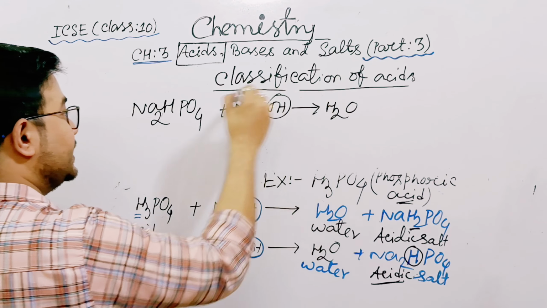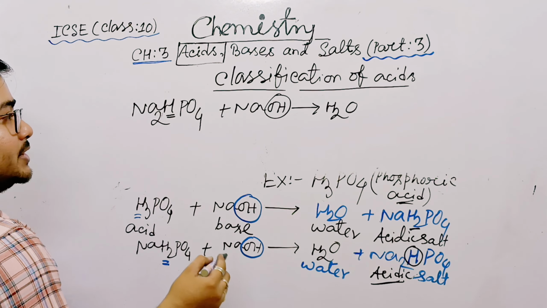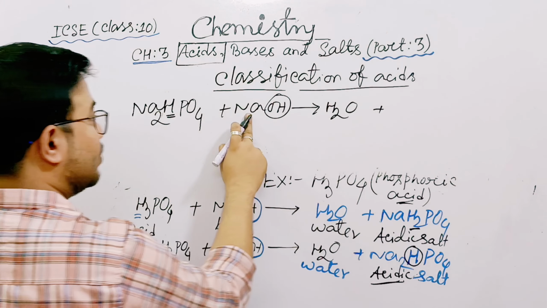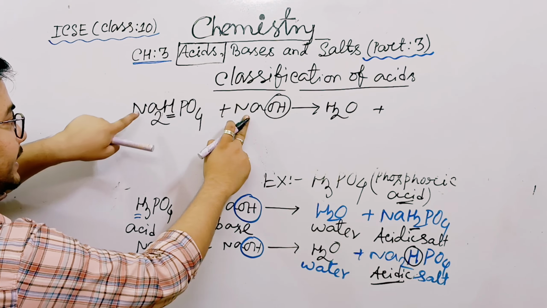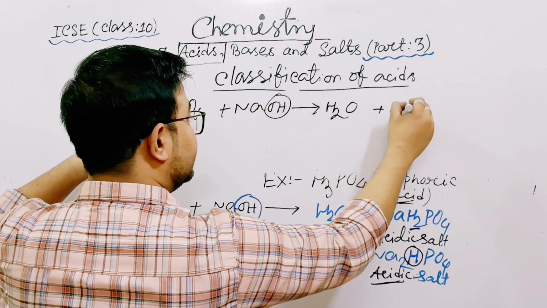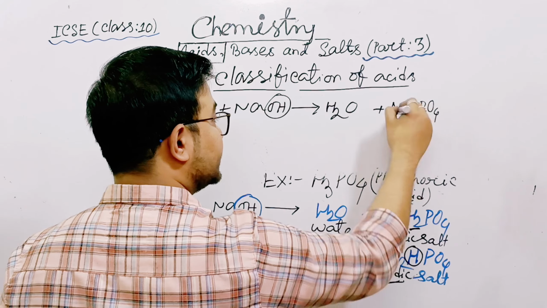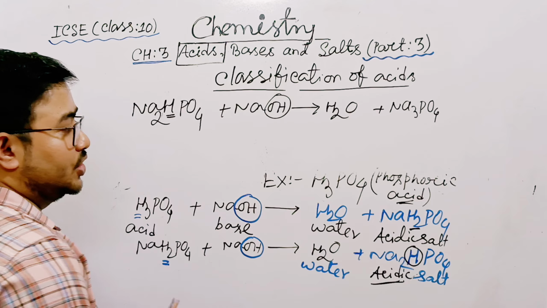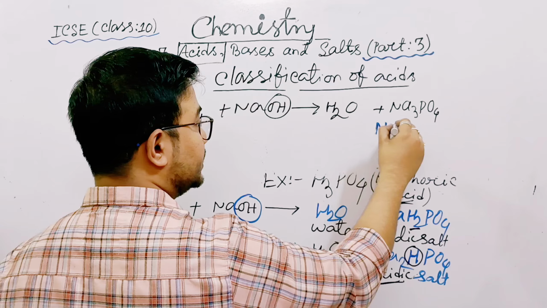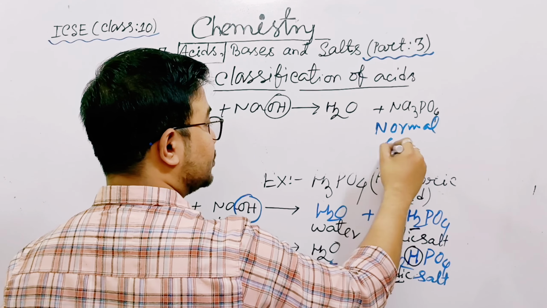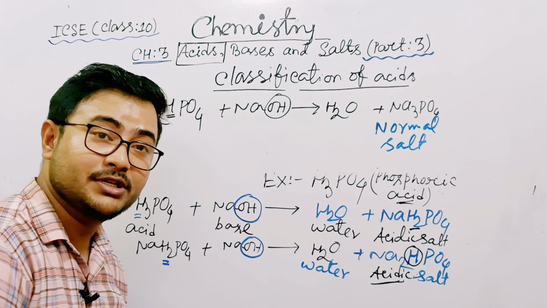Water means OH and this H. Now which one is left behind? One Na and here 2Na. So Na3 and here PO4. Now tell me, is it normal salt or acidic salt? No hydrogen is there, so it is normal salt.